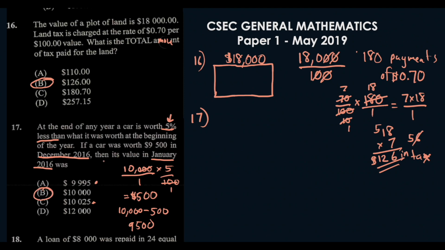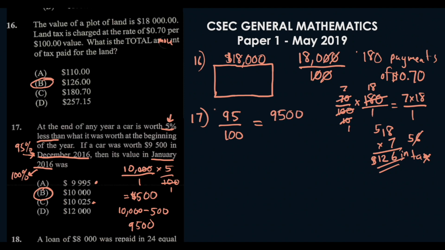Another way of looking at it is this here is 5%. So if it lost value of 5%, let's just say that at January 2016, it was 100% of its value. So that must mean that by the time it lost value of 5%, in December it was worth 95%. So if we were to compare it, we are saying that 95% or 95 over 100 would be equal to whatever it was worth after that drop, which is 9,500.